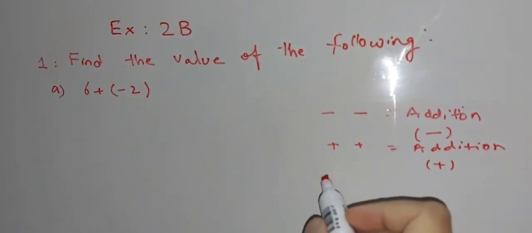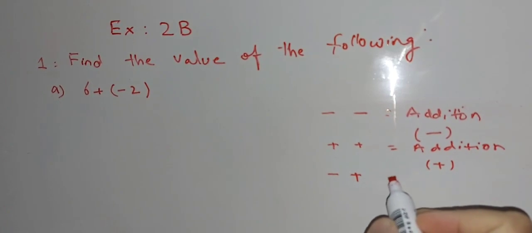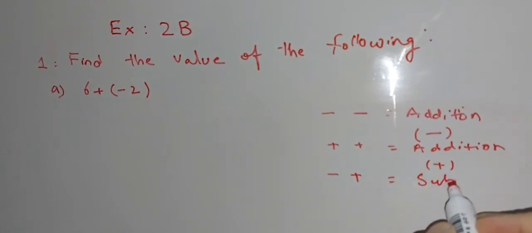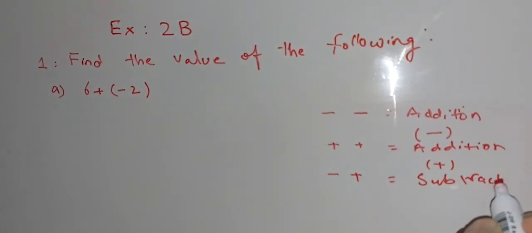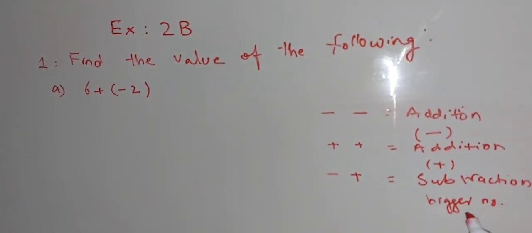When we have minus and plus, we always go for subtraction, and the answer carries the sign of the bigger number. You will write either plus or minus.